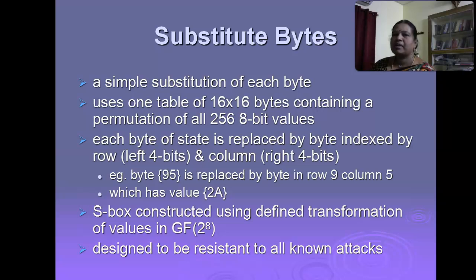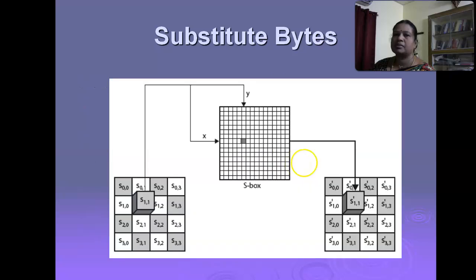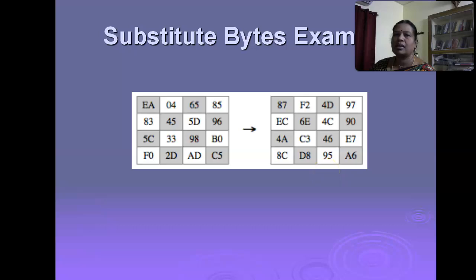For example, byte 95 is replaced by the byte in row 9, column 5, which has the value 2a. The S-box is constructed using a transformation of values in GF(2^8). It is designed in such a way that it is resistant to all known attacks. This is an image showing the substitution box, and this is an example that shows the substitution bytes.